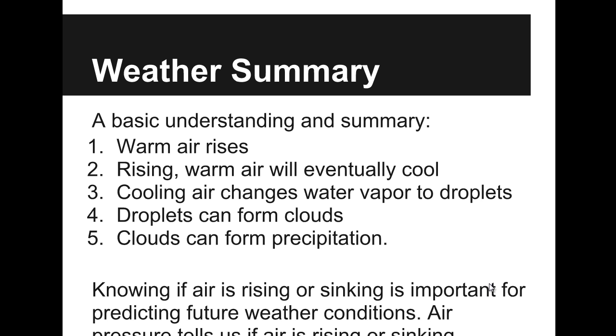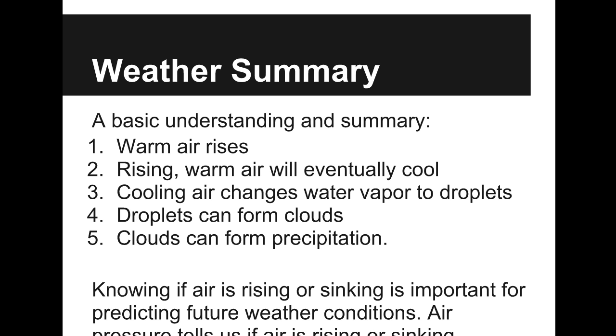And again, we are going to get into some of the more complex parts about weather. But I think this slide is a good summary, a basic understanding of the reason why we have weather. It comes down to warm air rises.